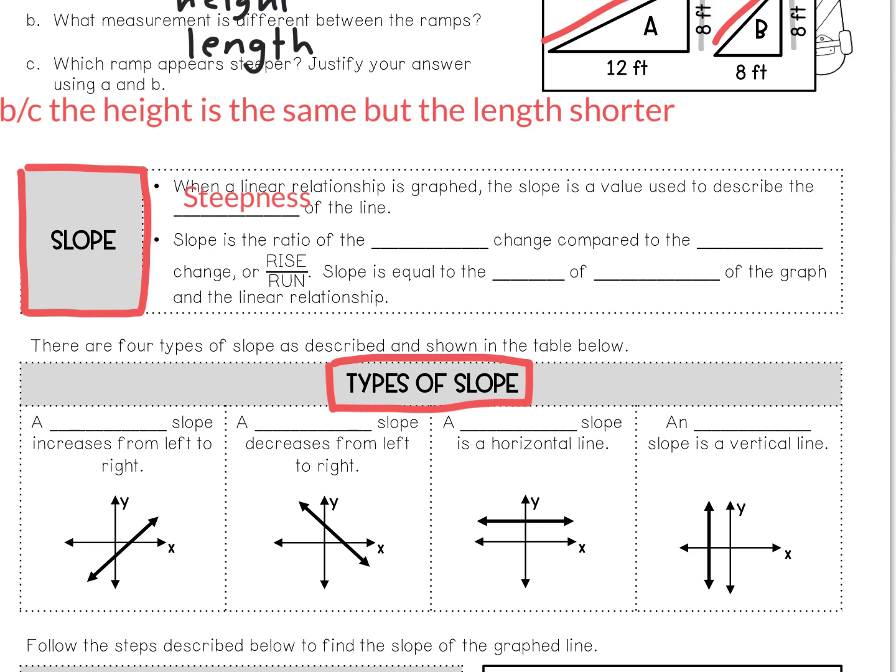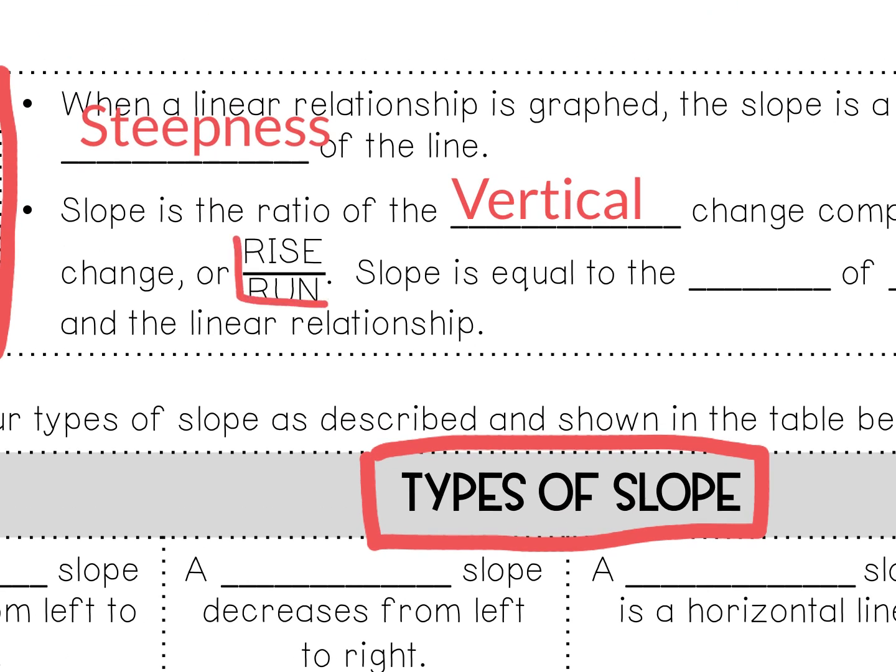And it turns out it's a simple concept. And all we need to do is take the ratio of the vertical change and compare that to the horizontal change. And that's where we get this idea of rise over run. Vertical means what?